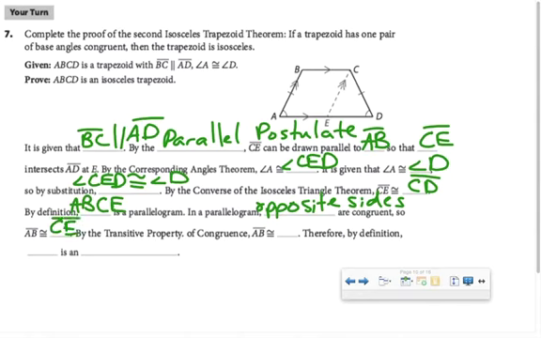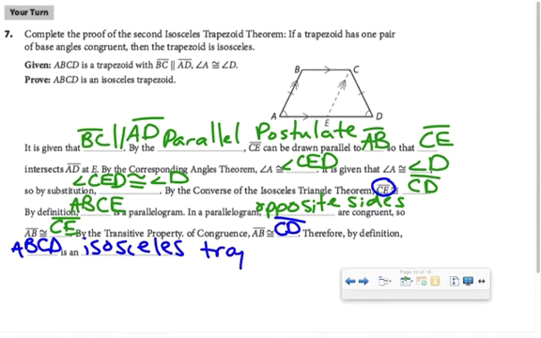So since back here, I said that CE was congruent to CD, and now I just said that AB was congruent to CE, I take those two statements and put them together, and I end up with AB being congruent to CD. So by definition, ABCD is an isosceles trapezoid.